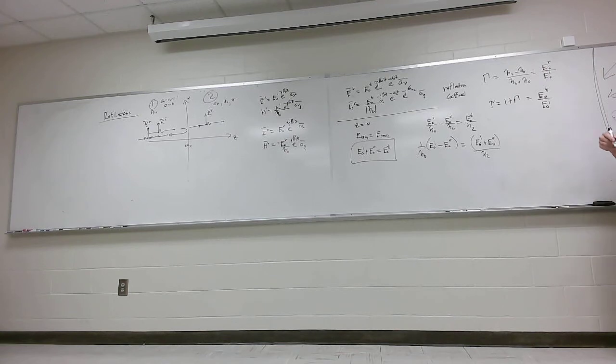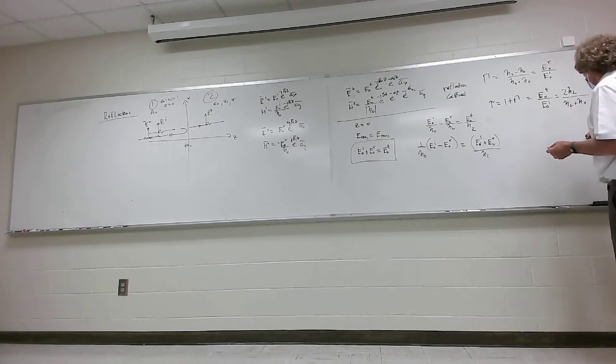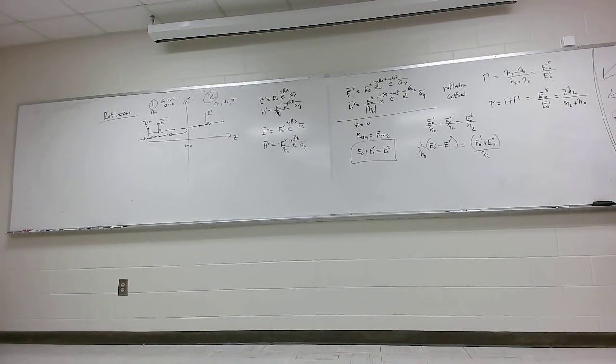You can do it this way: this is equal to 2 eta 2 over eta 2 plus eta naught, and that will be the transmission coefficient. I promise you it works. Always works. And really, since these are ratios, you can find the transmitted and reflected electric field magnitude.